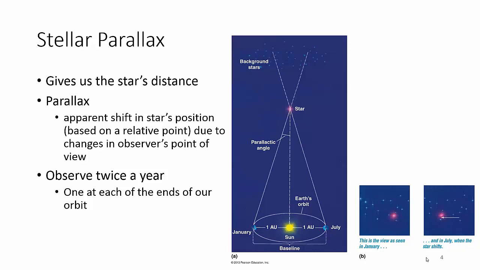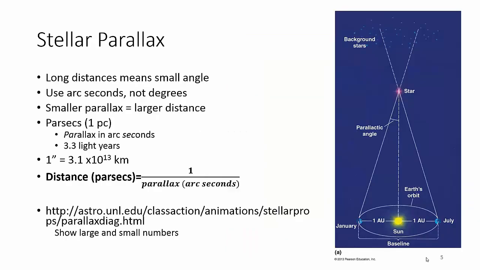Given that, and then doing some geometry, you'll be able to figure out how far away the star actually is. The parallax is measured in angles, arc seconds, not degrees. Now, the interesting thing is the smaller the angle, the further away the star is. So the smaller the shift that it moves, the further away it is.